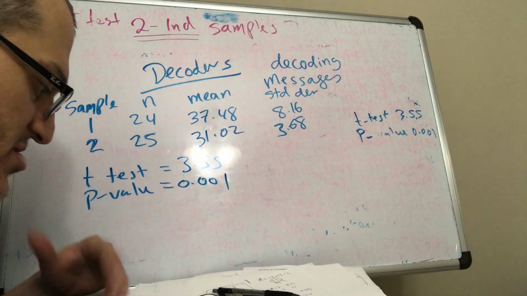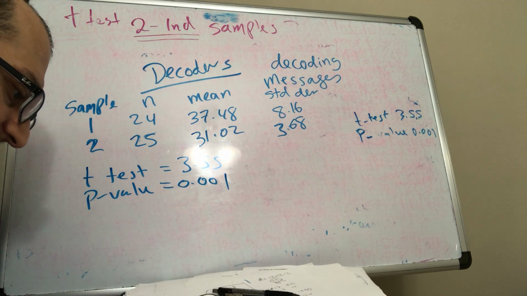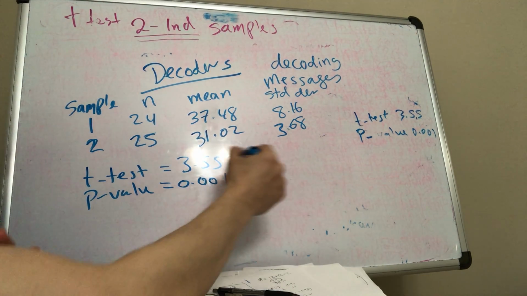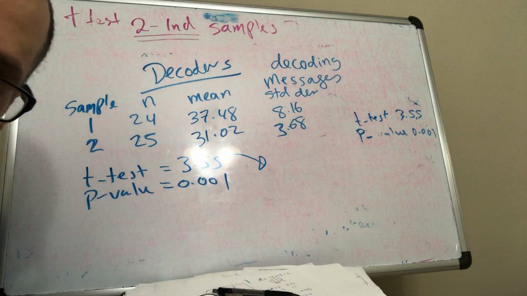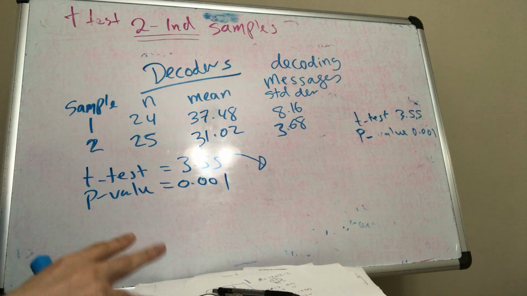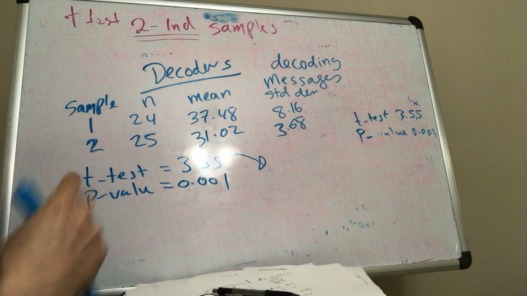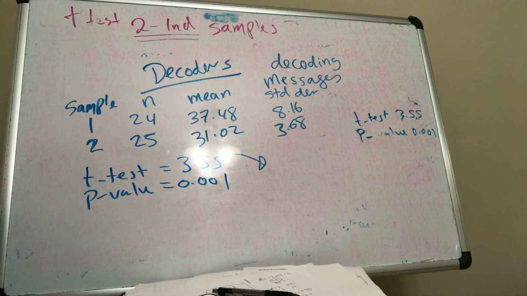But before I go to the next question, I want to talk about this a little bit. How is this number actually calculated? I showed you how to calculate the confidence interval approximately because you need the degree of freedom. This one we have to get exact.